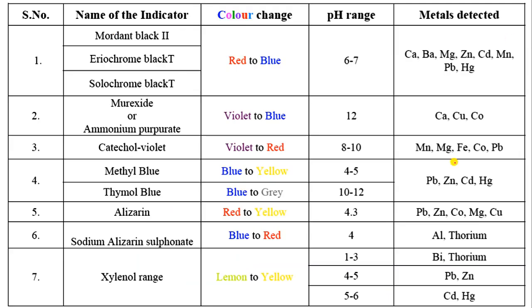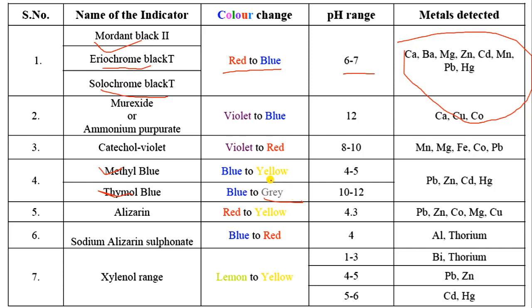Now these are some examples of metal ion indicators. The names of indicators are Mordant Black 2, Eriochrome Black T, and Solochrome Black T. The color change is red to blue. This is the pH range, and these are the examples of metals we can identify using this indicator. Then we can use methylene blue and thymol blue also.